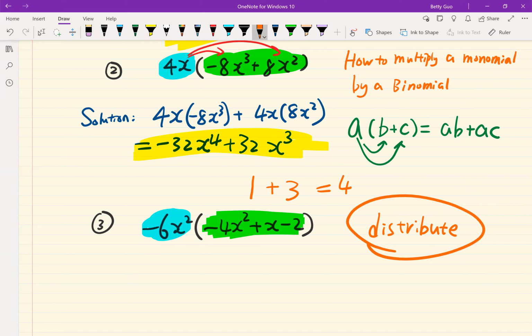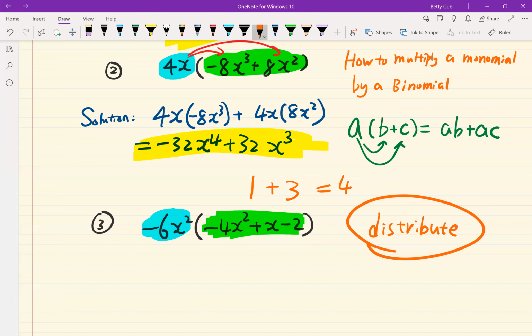Okay, you did that part correctly. Perfect. So knowing you have three terms in the expansion, the product, you use this monomial to multiply each term in the trinomial.